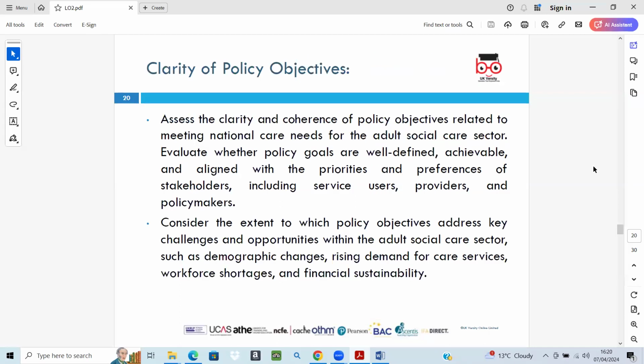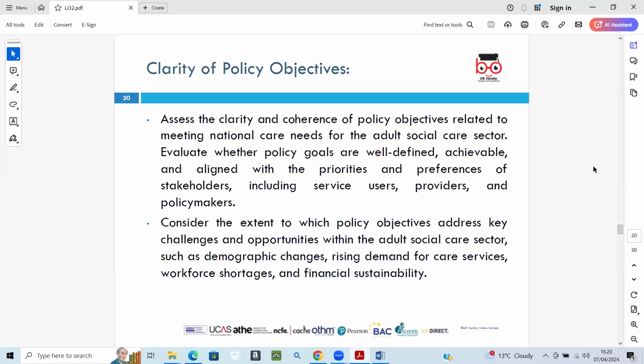Then we have clarity of policy objectives. We always evaluate the clarity of policy objectives. We consider whether the goals are clearly articulated, specific, and measurable. This helps in understanding what the policies aim to achieve and how success will be evaluated.